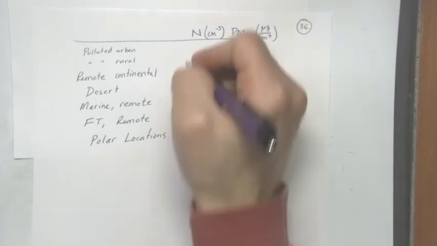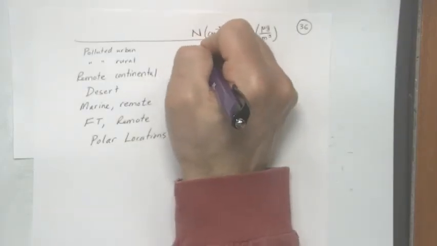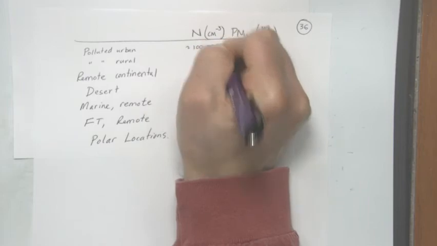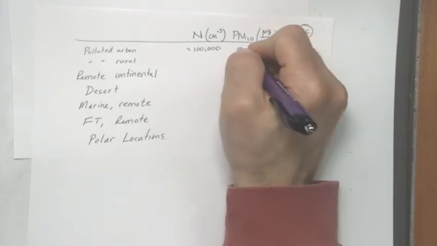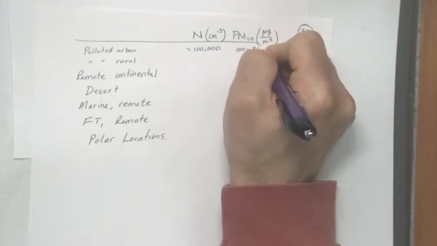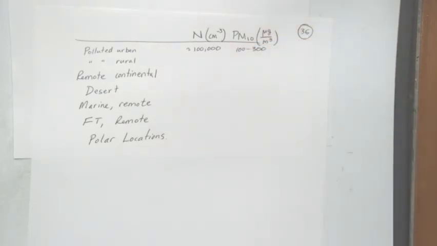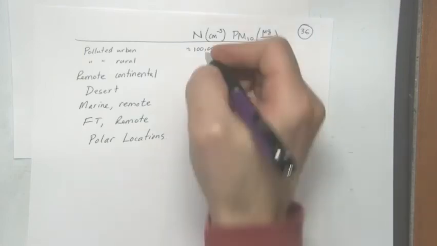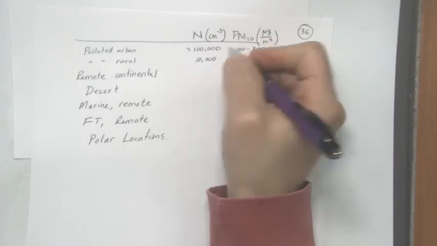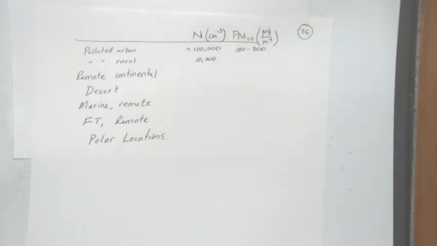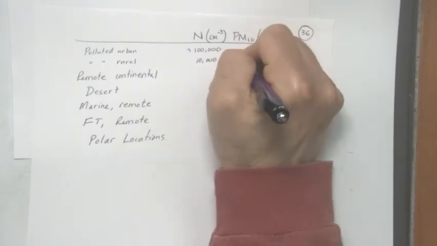Typical values might be 100,000. It's going down as cars get cleaner. And this would be 100 to 300 for a very polluted city. Then we get to about 10,000 here. Again, this is going down as sulfur emissions are going down. 20 to 40.